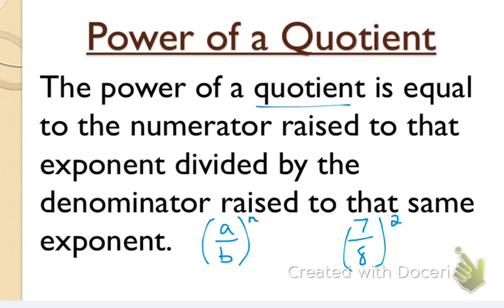This is raised to the power of 2. What it means is this is the same thing as a raised to that exponent and b raised to that exponent. In other words, 7 squared and 8 squared. They each get the same exponent. That's all it is. Numerator gets the exponent, denominator also gets the exponent.